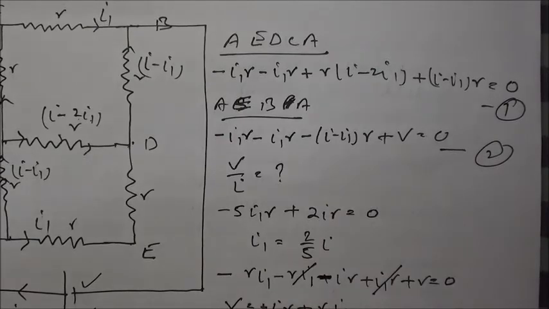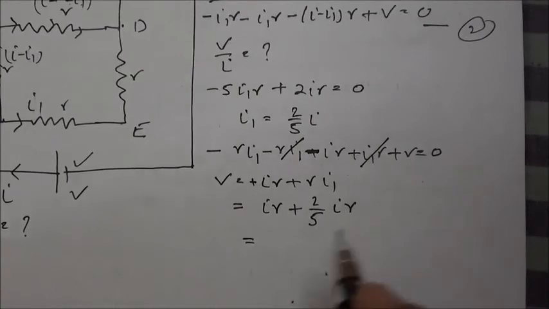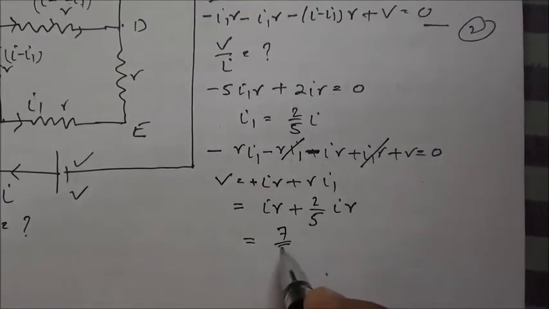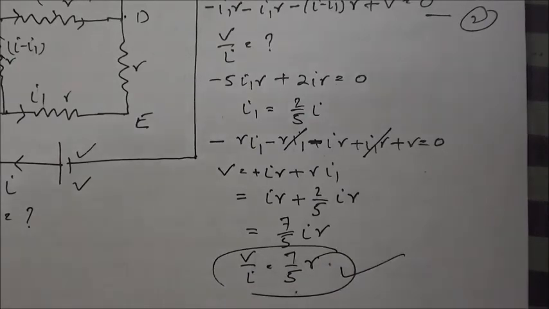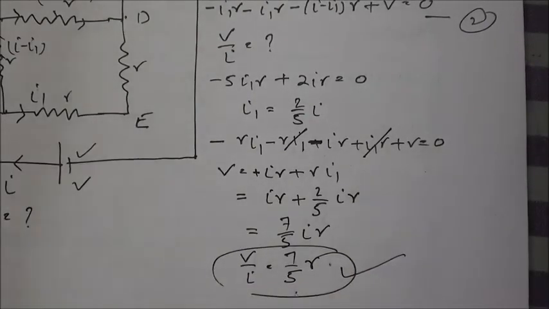So it will be IR plus IR1. Let us substitute the values now. IR plus 2 by 5 IR. So it becomes 7 by 5 IR, or V by I is 7 by 5 R. So equivalent resistance is 7 by 5 R.